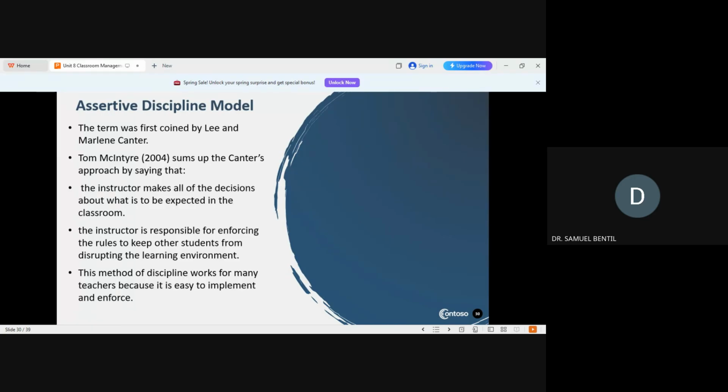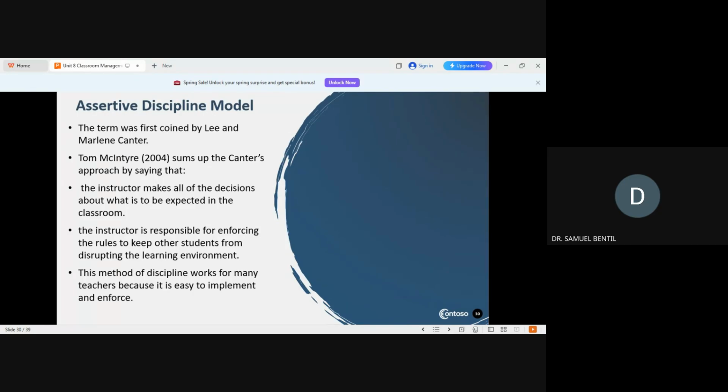In terms of the assertive discipline model, this discipline was first propounded by Lee Canter. Then in 2004, Tom McIntyre summed up Canter's assertive discipline model. And this is what the model says.